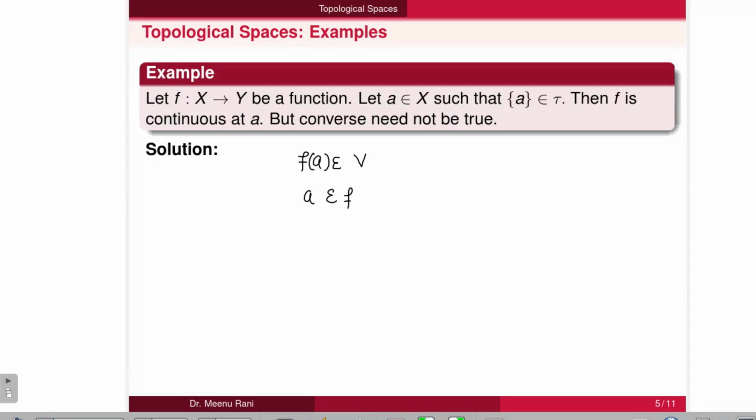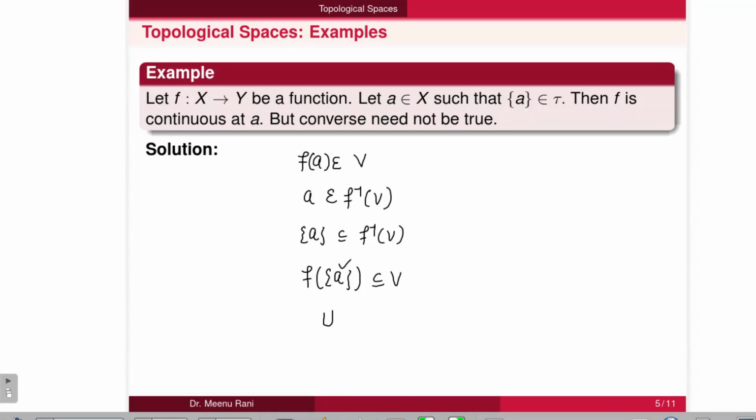So a belongs to f inverse v, and this further implies singleton a is contained in f inverse v, then f of a is contained in v, and it is given that singleton a is open.